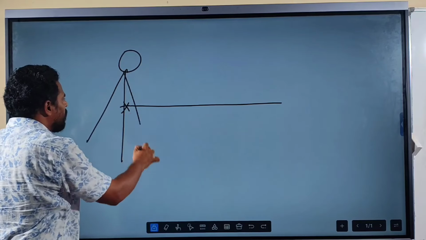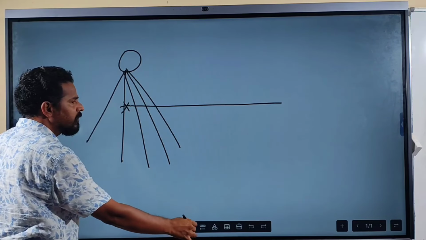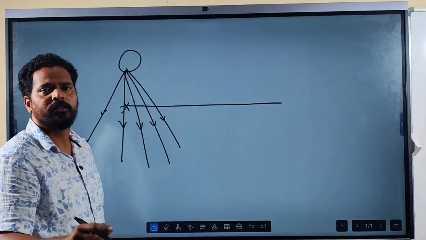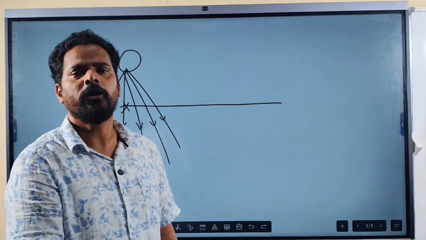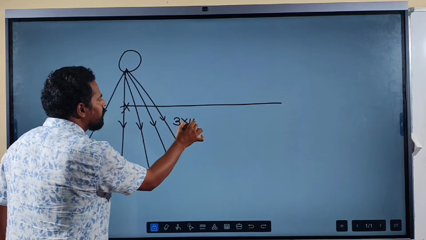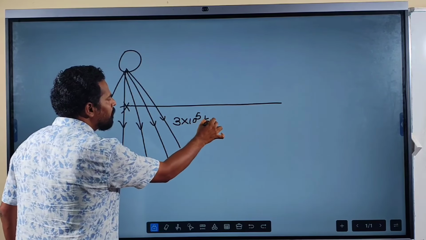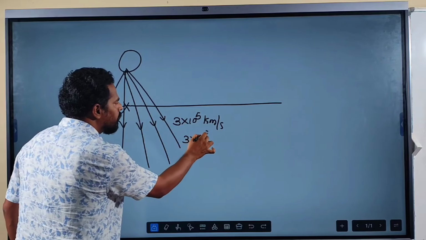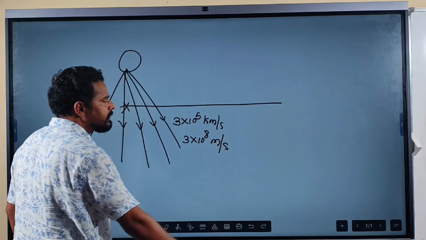Rays of light come, but they always travel along a straight path without bending, with the speed of light 3 into 10 raised to 5 kilometer per second, or 3 into 10 raised to 8 meter per second.